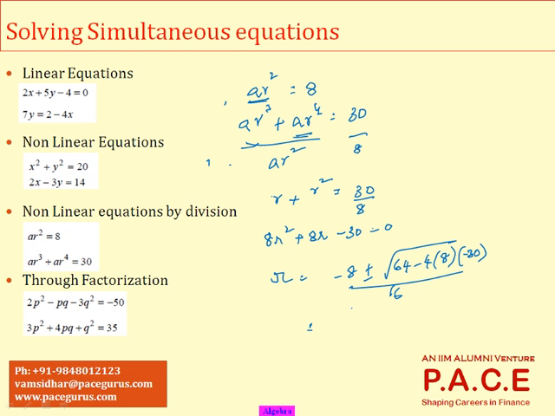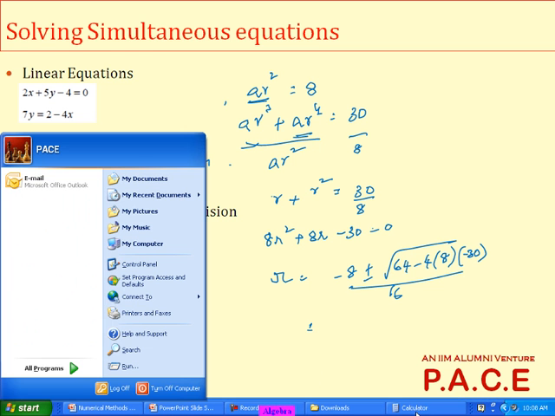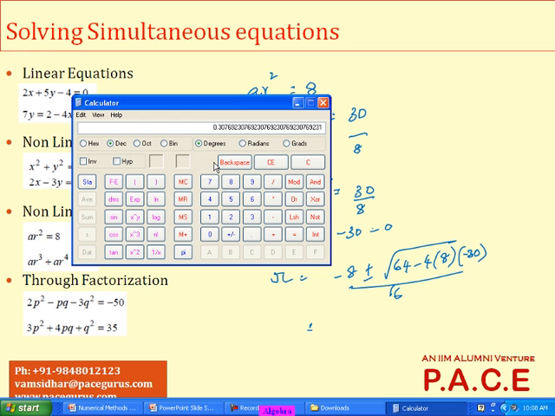Okay, now let's use our calculator. 64 minus 4 into 8 into minus 30. So 30, and I put minus. So I get it as minus 960. Because there is a minus before, I can remove the minus and I can simply add up.